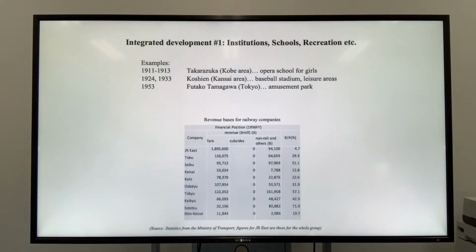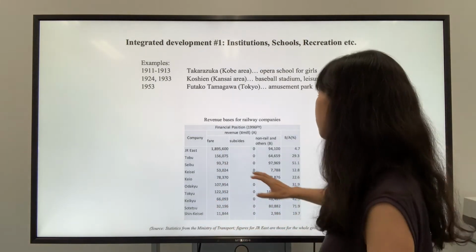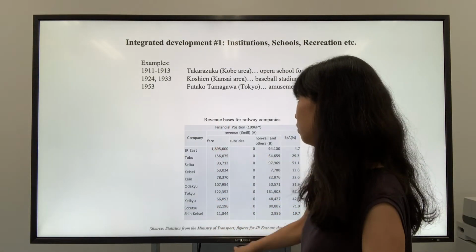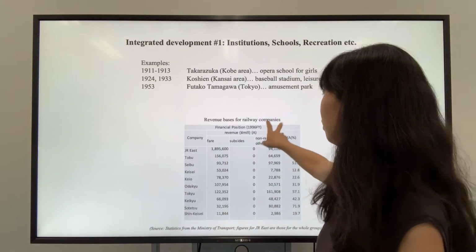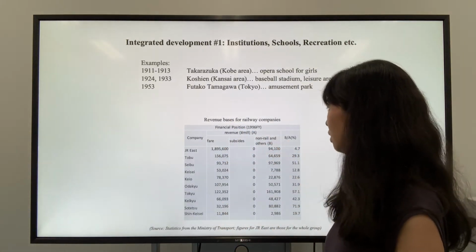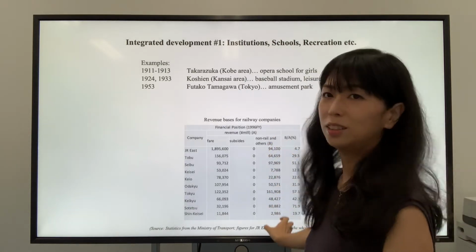The table here shows the revenue basis for a railway company. It is very clearly shown that this is the revenue from fares, mainly tickets, and the B section shows revenue other than the train ticket.